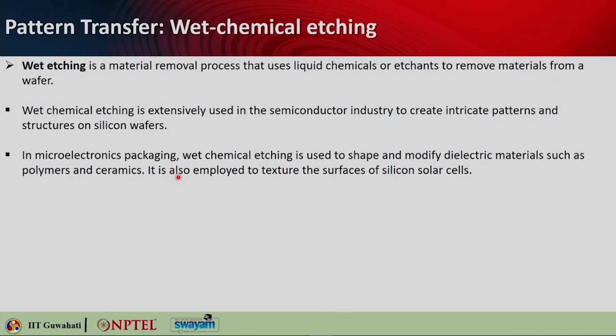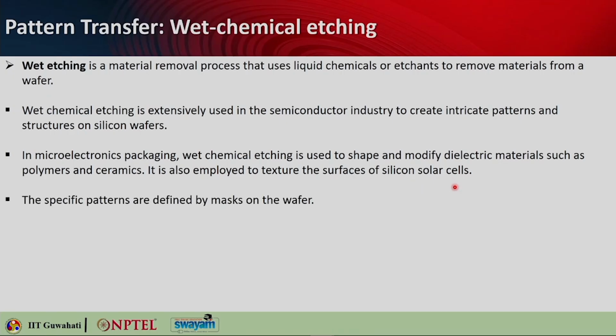Obviously, the same method can also be used for our optical devices and photonic metamaterials. In microelectronics packaging, wet chemical etching is used to shape and modify dielectric materials such as polymers and ceramics, and it is also employed to structure the surface of silicon solar cells.